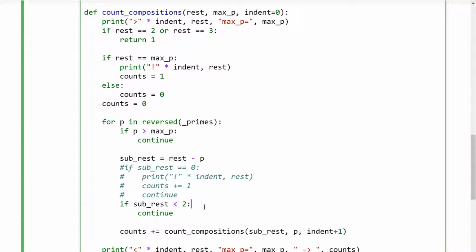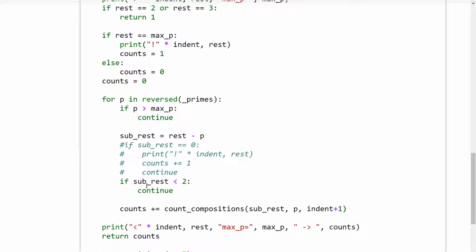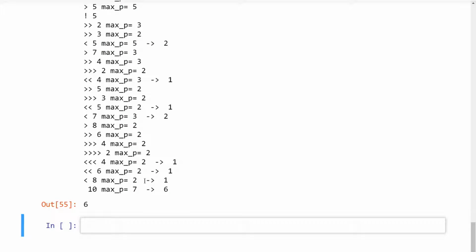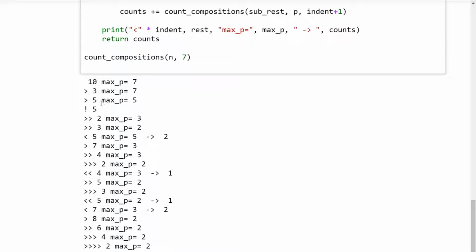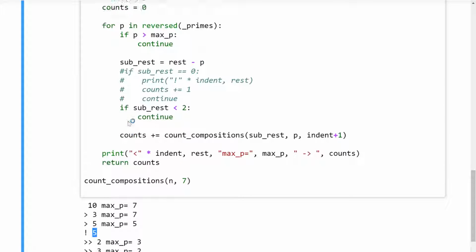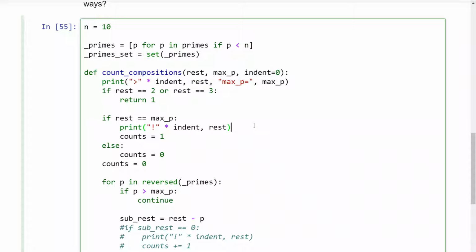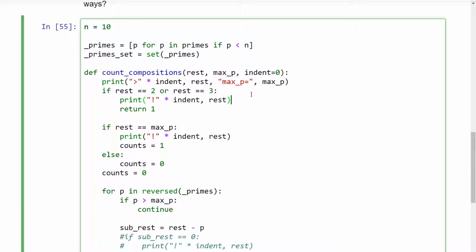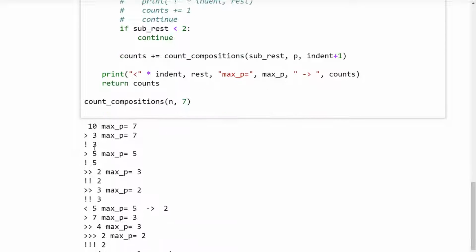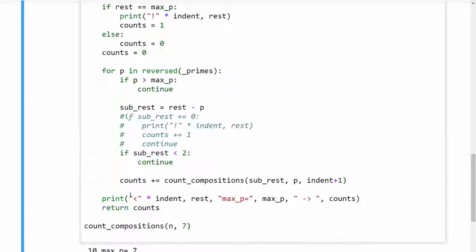So for 5 we're counting once. Let's see, wait. For 3 we didn't count. So for 3 we're counting once, for 5 we're counting once, and now we're counting, yeah, so here we're counting where we shouldn't.